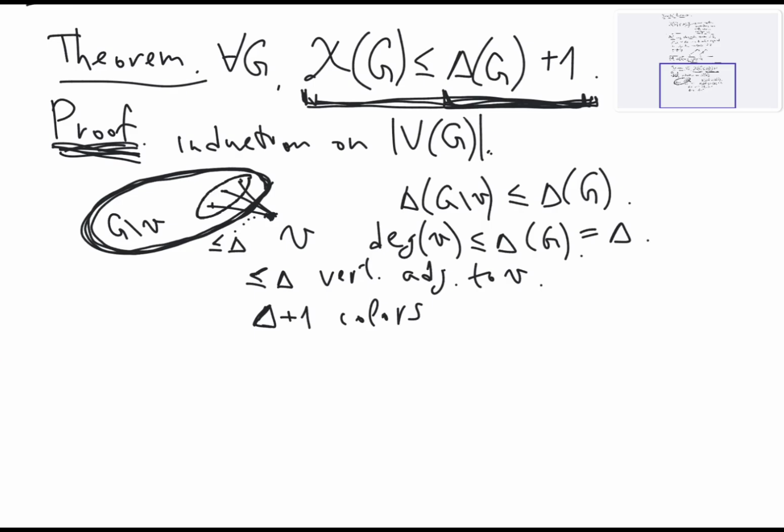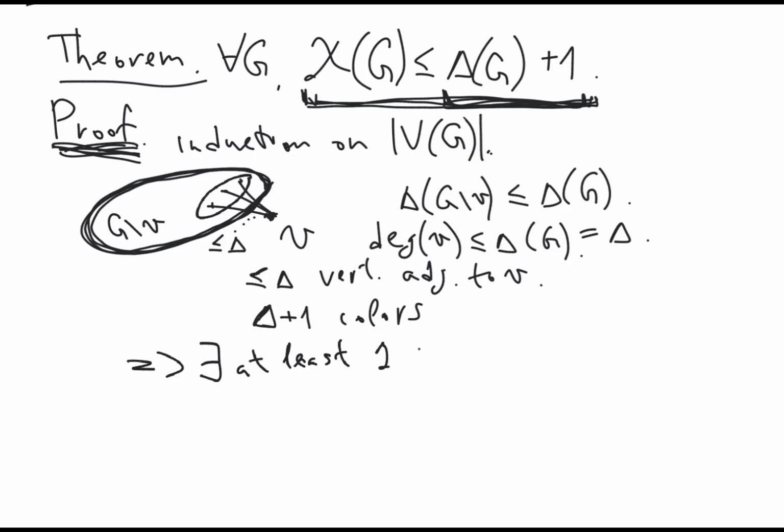So there exists at least one free color for the vertex v, because again we have delta plus 1 colors and at most delta of them are taken.